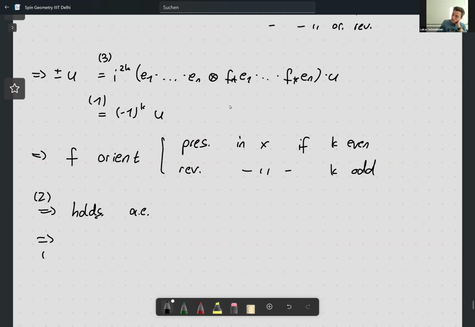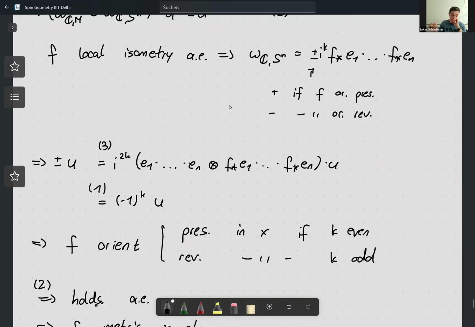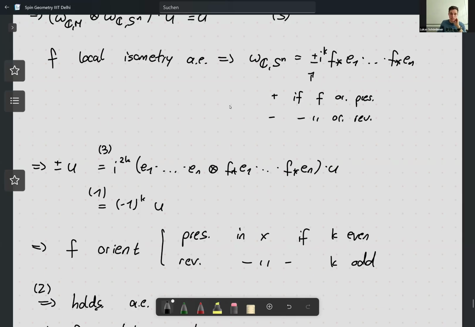And now we use this black box of Reshetnyak, that f is a metric isometry. But from this, you can see that we really need even dimensions, because in odd dimensions, always one pair of e_i tensor f^* e_i would stay, and we cannot conclude this equality.